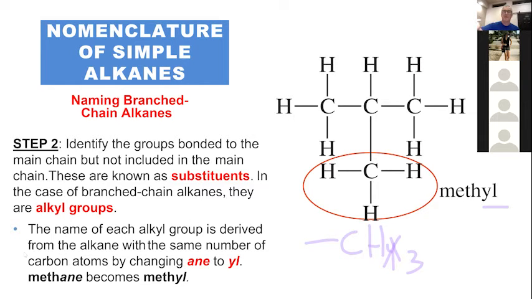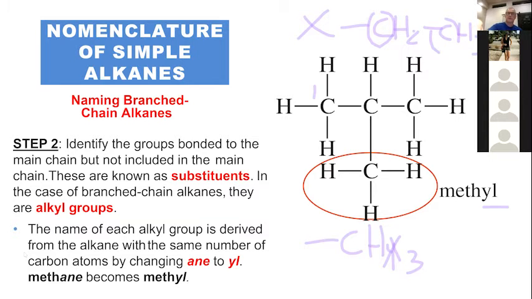Same thing with ethyl. Ethyl is just attached to a backbone. So an ethyl group has 2 carbons on it. A propyl group would have 3. A butyl group would have 4, pentyl 5, and so on.